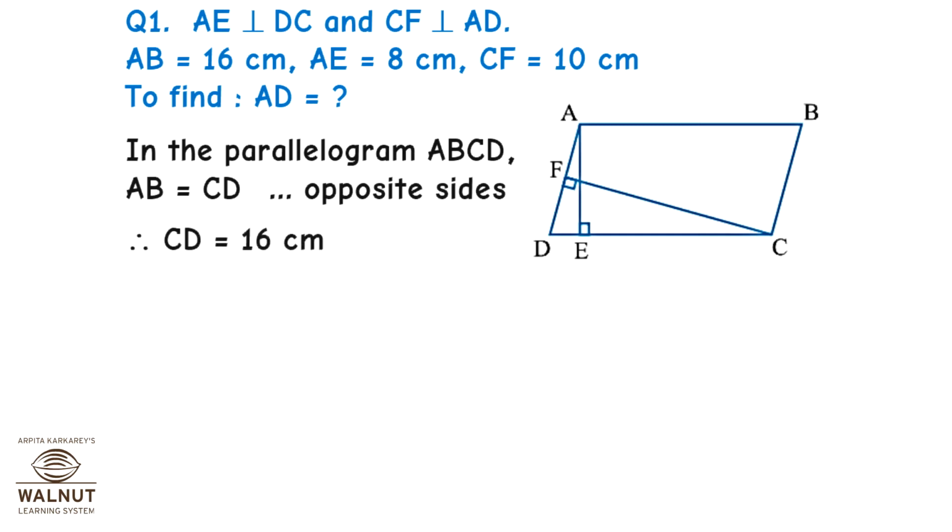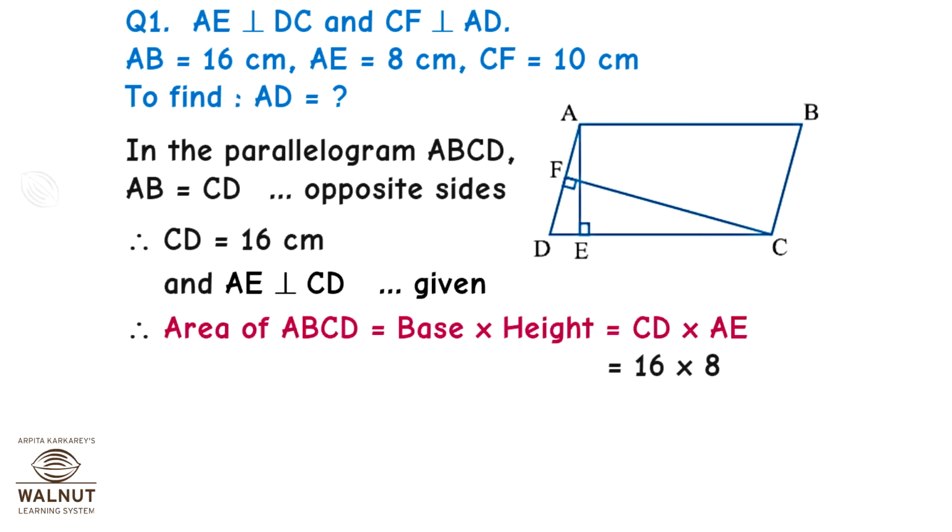Therefore, CD is equal to 16 centimeters and AE is perpendicular to CD, given. Therefore, area of ABCD is equal to base into height, which is equal to CD into AE, which is equal to 16 into 8. Therefore, area of ABCD is equal to 128 square centimeters.